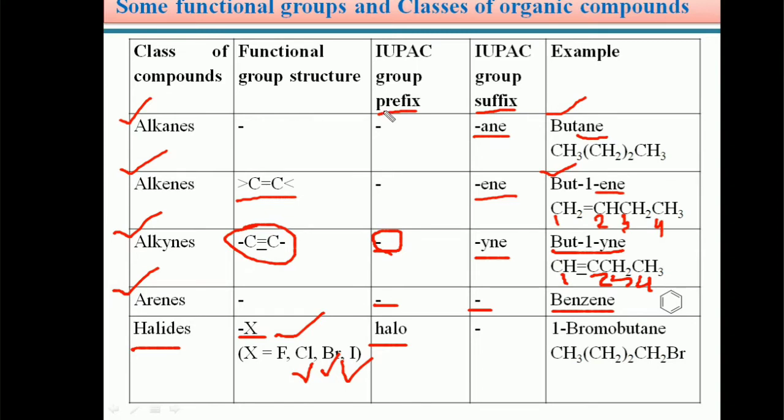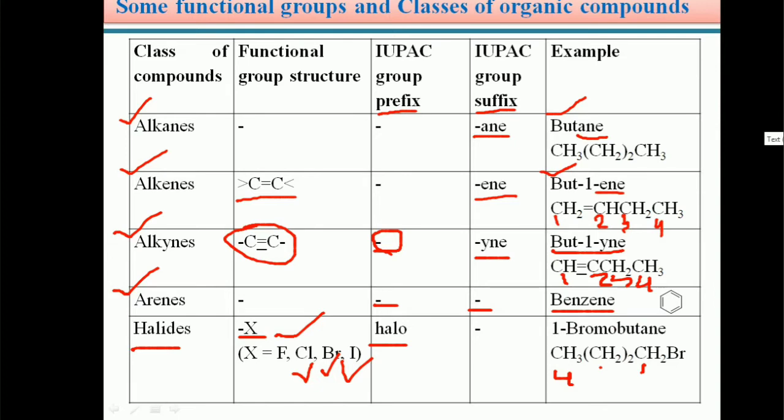Hence, it is always right in the prefix. So if you give numbering 1, 2, 3, 4, CH3, CH2, CH2, CH2Br, it is 1-bromobutane. Here the bromine is a substituent on the first carbon.